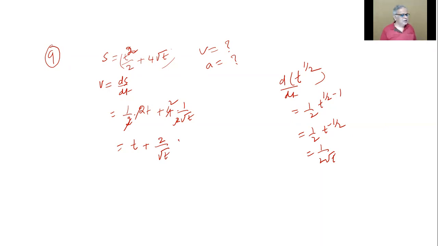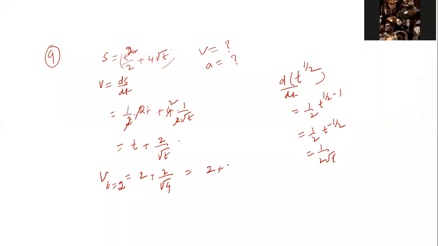But at t equals 4 I want the velocity. So velocity is 4 plus 2 by root 4, at 4 seconds, right? Plus 1, that is 5.